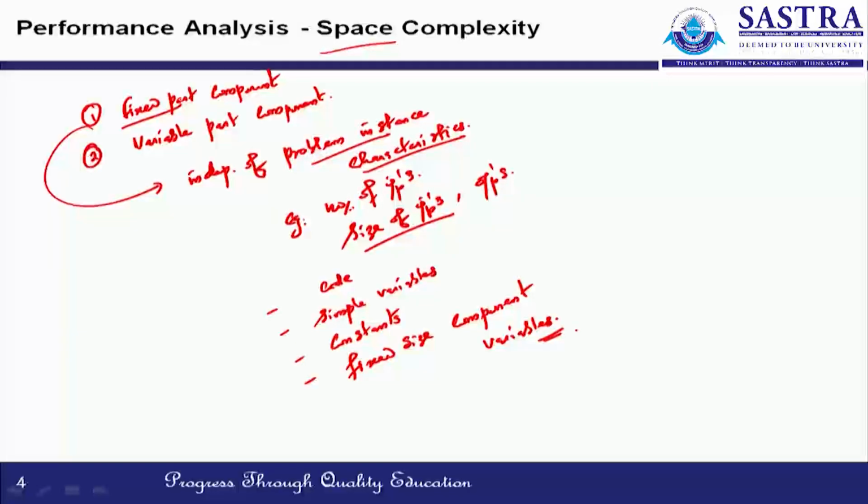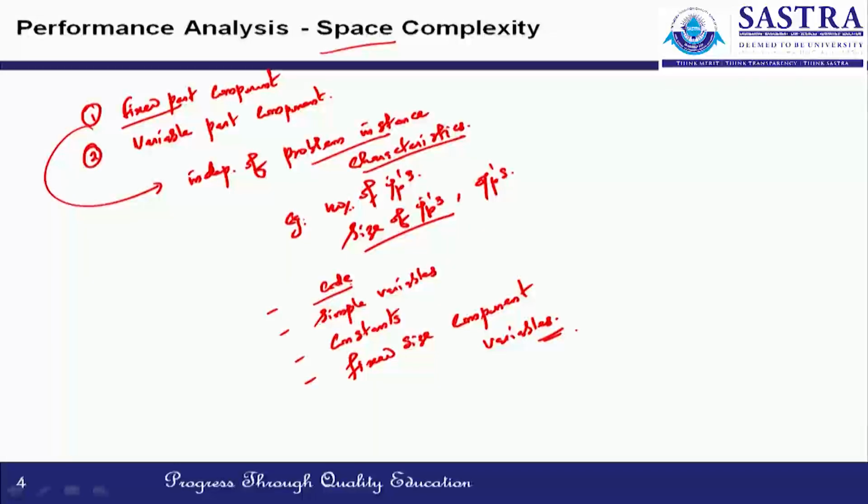That means the memory is completely independent of the number of inputs, size of inputs, outputs. So, what is actually included in the fixed part component? The fixed part memory includes the memory associated with the corresponding code. A simple variables memory is included in the fixed part.